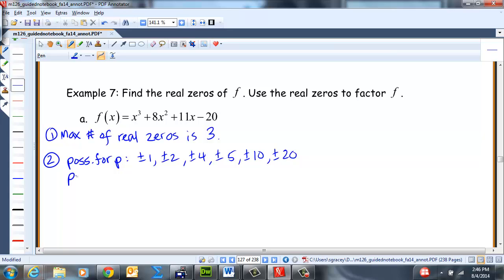And the possibilities for Q are plus or minus 1. So the possibilities for P over Q are just going to be the same as the possibilities for P since you're dividing by plus or minus 1.